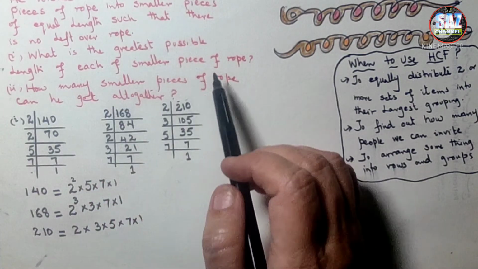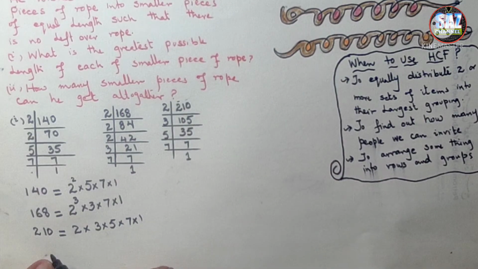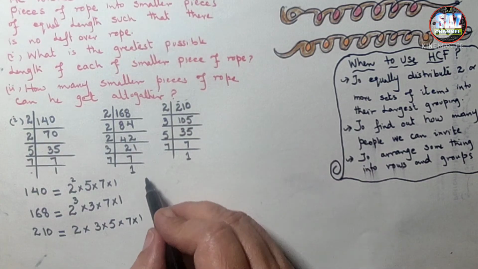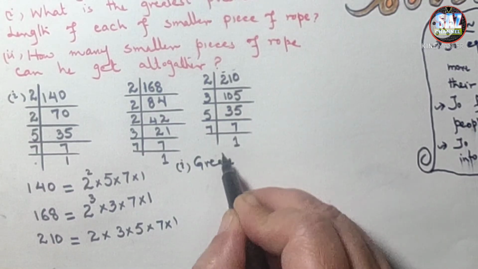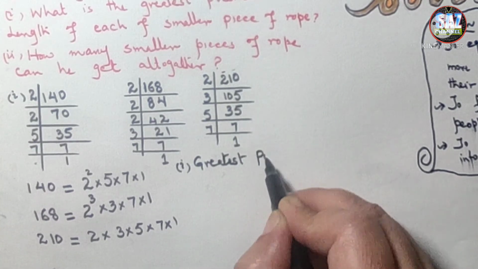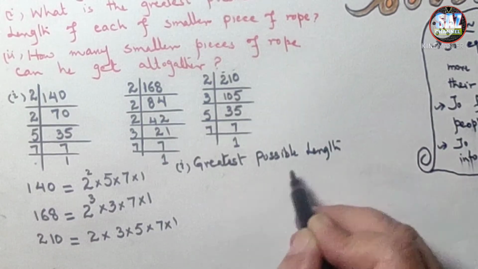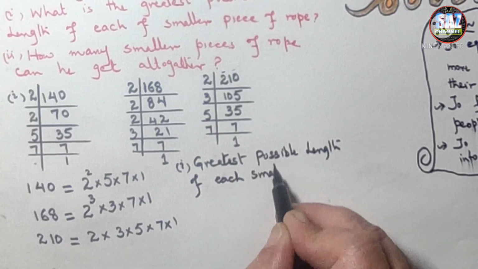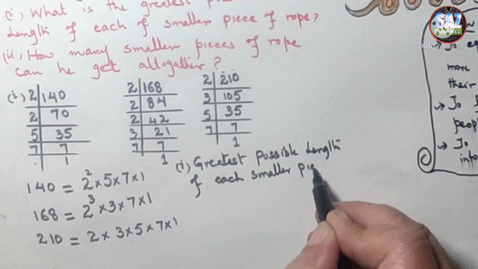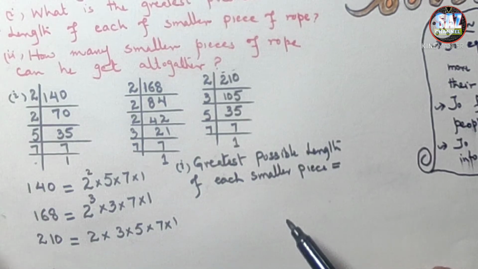Okay, step 1 is done, that I have to make the prime factorization, and now the greatest possible length of each smaller piece. So in order to find the greatest possible length of each smaller piece, recall that we need to find the largest grouping.